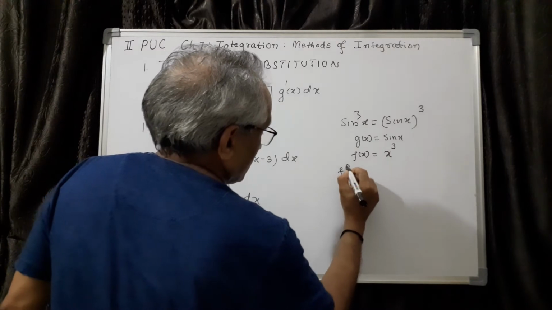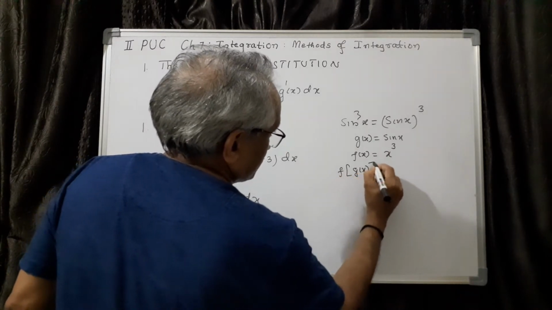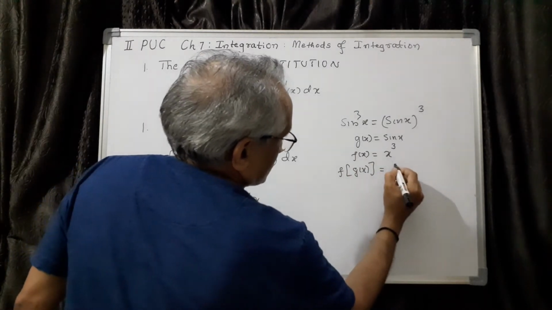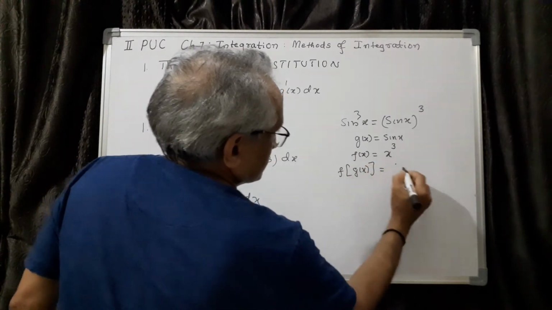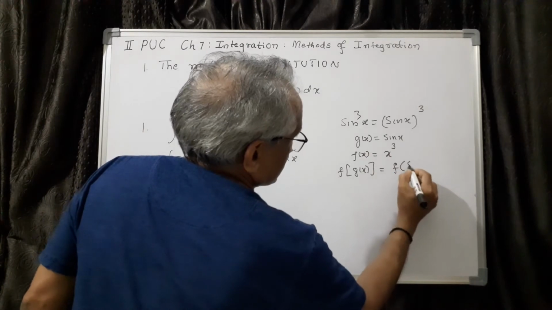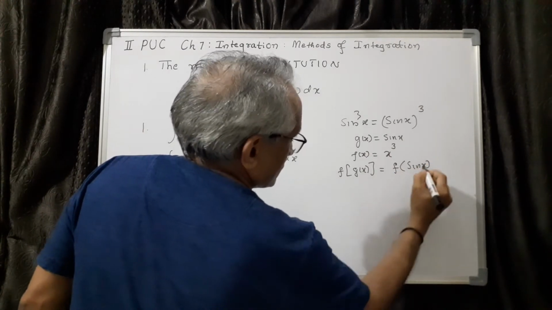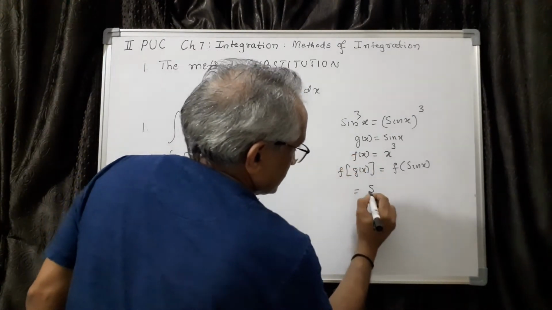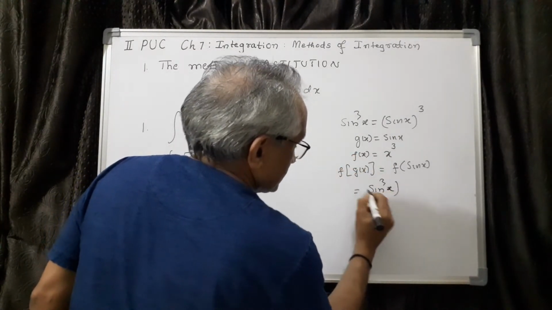Therefore, f of g of x here is actually first g of x, then you write f of sine x. You have seen this one in the first chapter, composite function. F takes sine cube x. So this is the given thing.